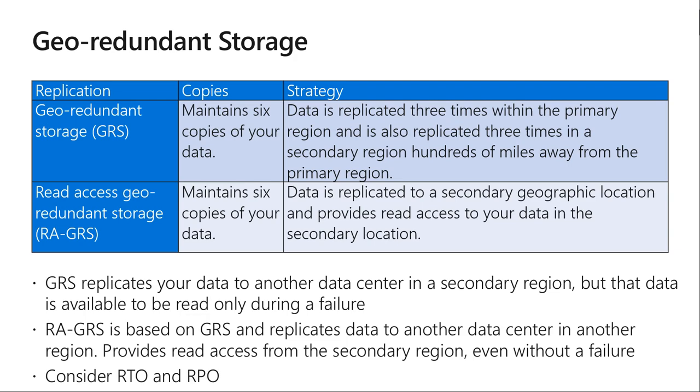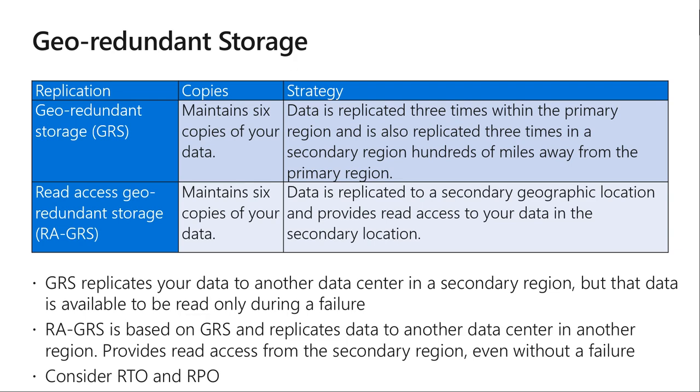The update is then replicated to the secondary region using GRS. When the data is written to the secondary location, it's also replicated within that location using the LRS. So both the primary and the secondary region replicate across separate fault domains and upgrade domains within the storage scale unit. The storage scale unit is the basic replication unit within the data center. Replication at this level is provided by the LRS.